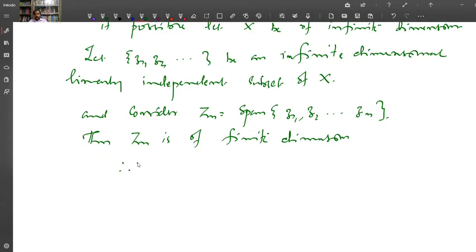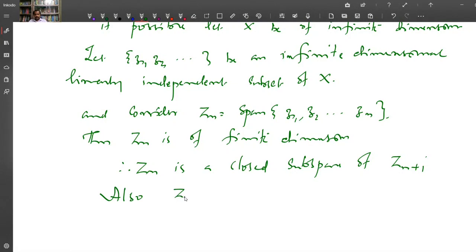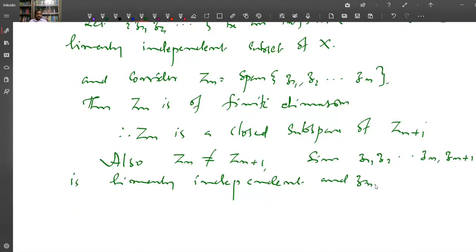Therefore, Zn is a closed subspace of Zn plus 1. Also, Zn is not equal to Zn plus 1, since z1, z2, etc., z(n plus 1) is linearly independent, and z(n plus 1) does not belong to Zn.